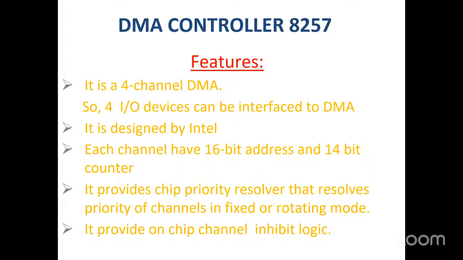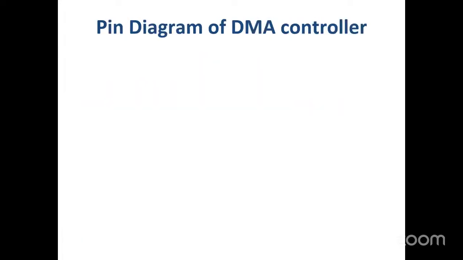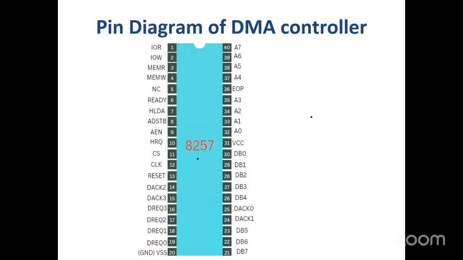This is the 8257. 8257 pin diagram. It also has 40 pins, 1 to 20 and 21 to 40. IO read, IO write: input output read, input output write, memory read, memory write.